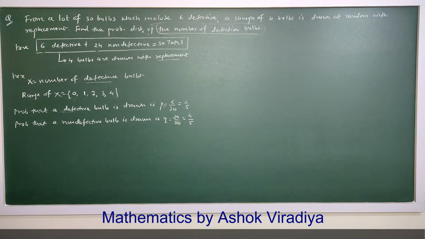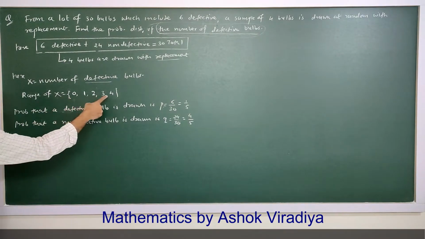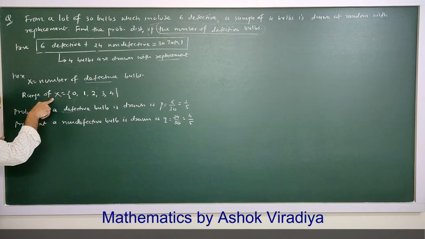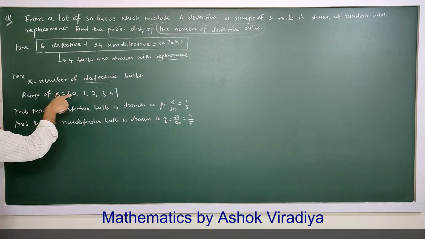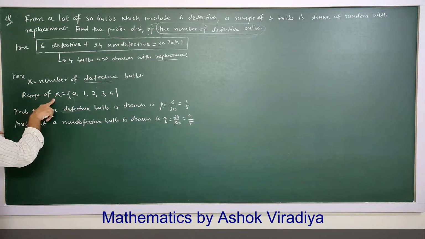Now here we first find the probability that X takes value 0, then X takes value 1, X takes value 2.